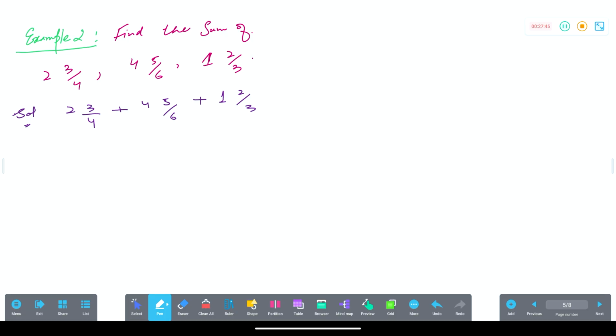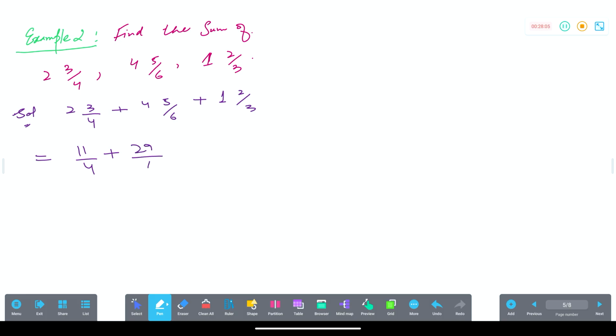Now what will I do here? I'll first convert them into improper fractions. How? You should now know the method. Whole part with denominator: 2 4s are 8 plus add the numerator, 8 plus 3 is 11 by 4. Plus 4 6s are 24 plus 5, 29 by 6.